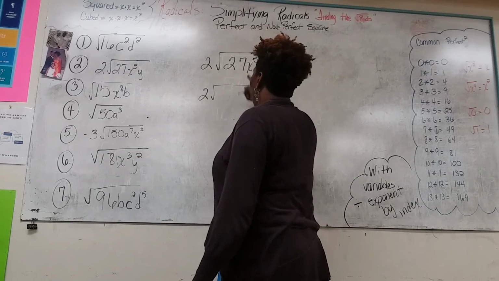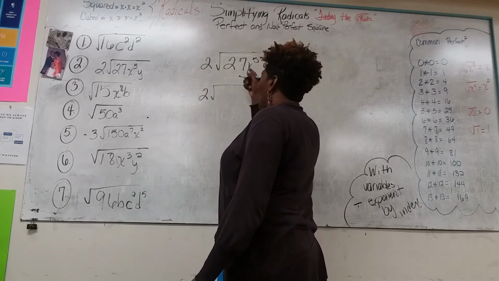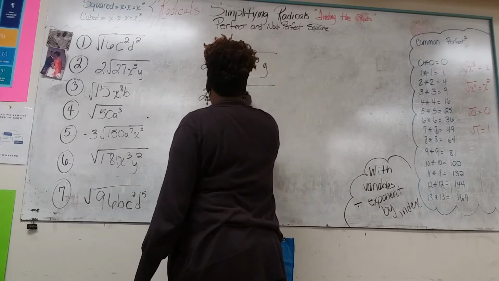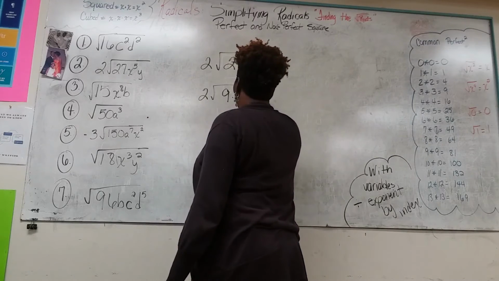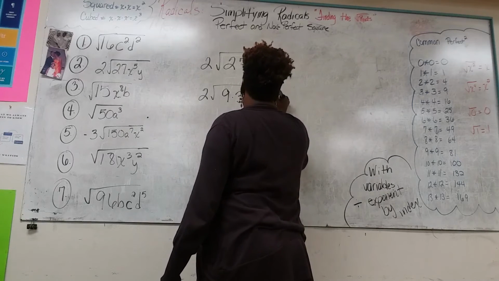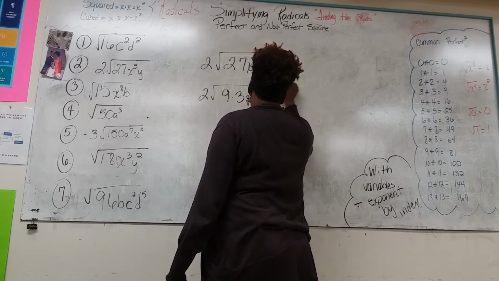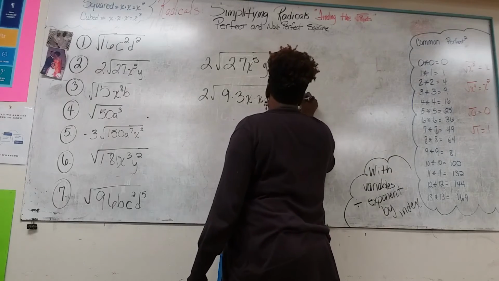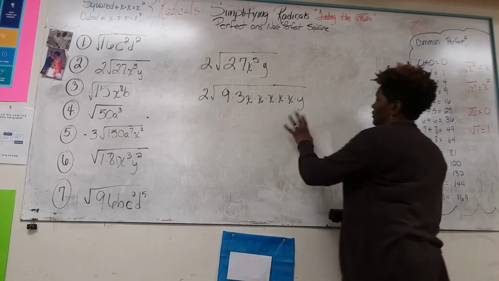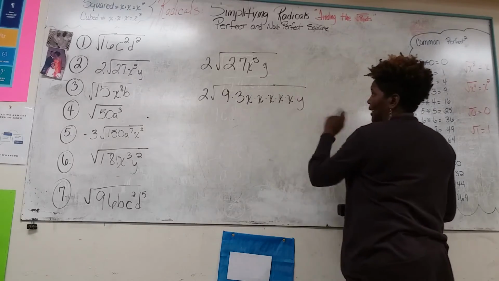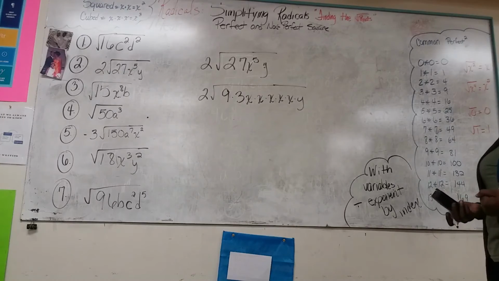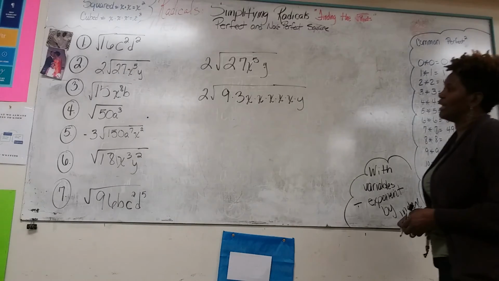2 square root of 27x to the 5th y. Well, I know that 9 and 3 make 27, and x to the 5th is like saying x times x times x times x times x, times y. The only reason I wrote that out is because I'm showing the steps and because that's a small number. Again, later on, I won't be writing these out, okay?